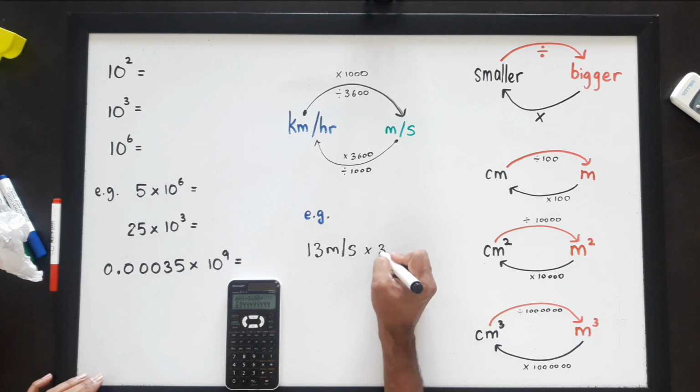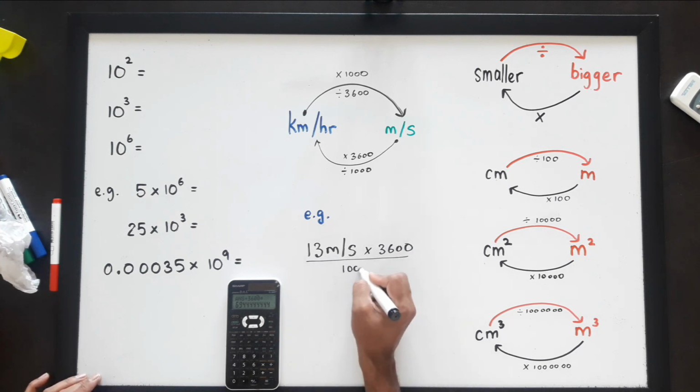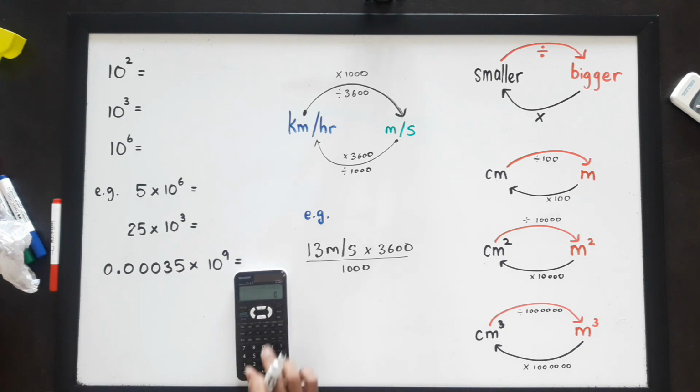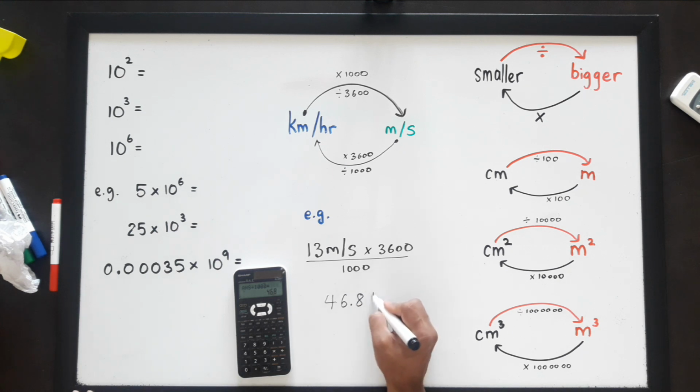We just multiply by 3,600 and then divide it by 1,000. So let's do that on the calculator. 13 multiplied by 3,600 divided by 1,000. And we get 46.8 kilometers per hour.